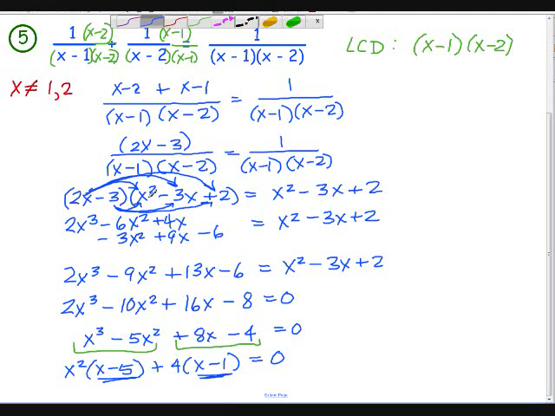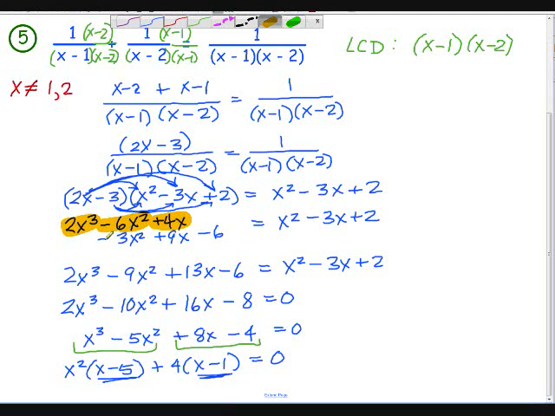I'm going to mark these as I check them. 2x cubed, that looks okay. And a minus 6x squared, that looks correct. And then a positive 4x.